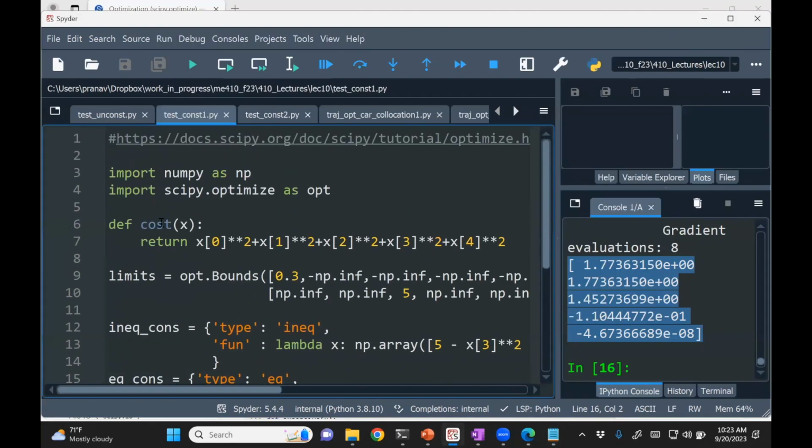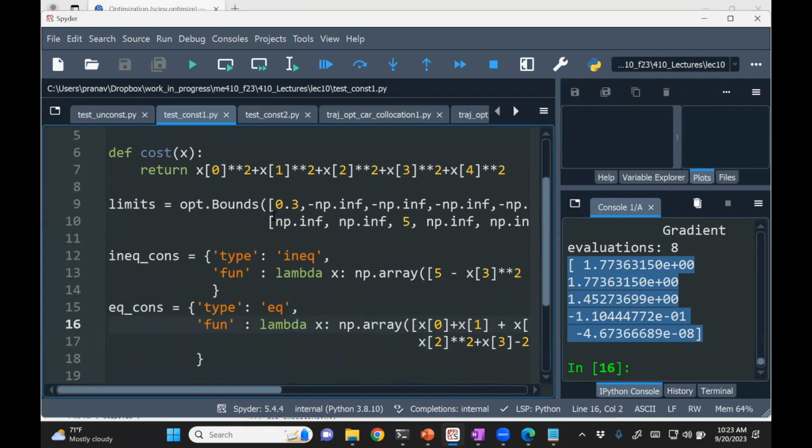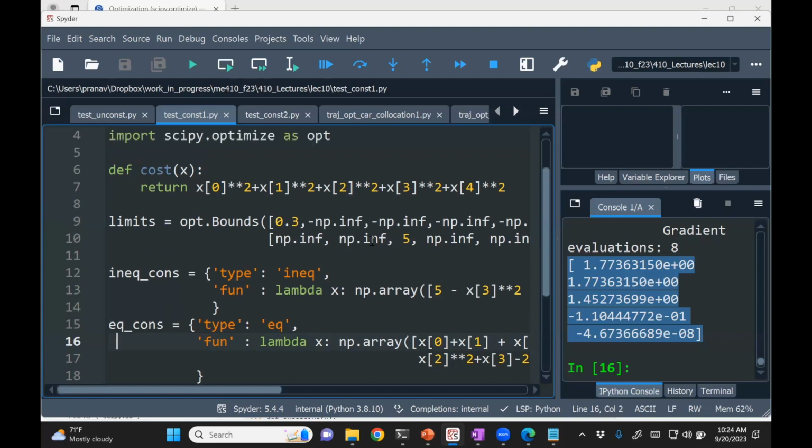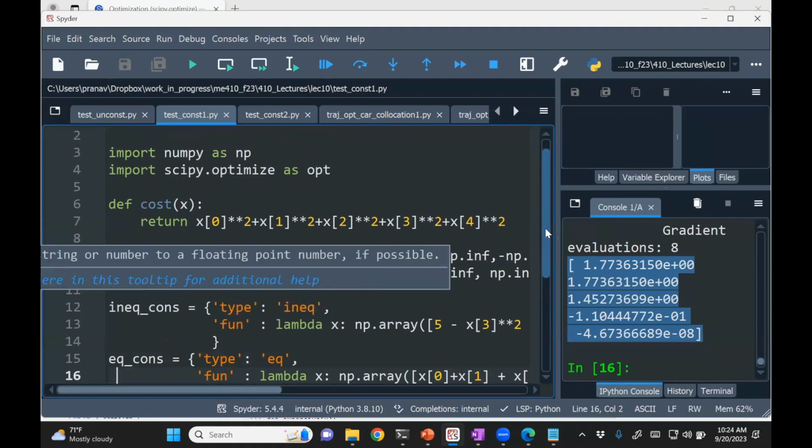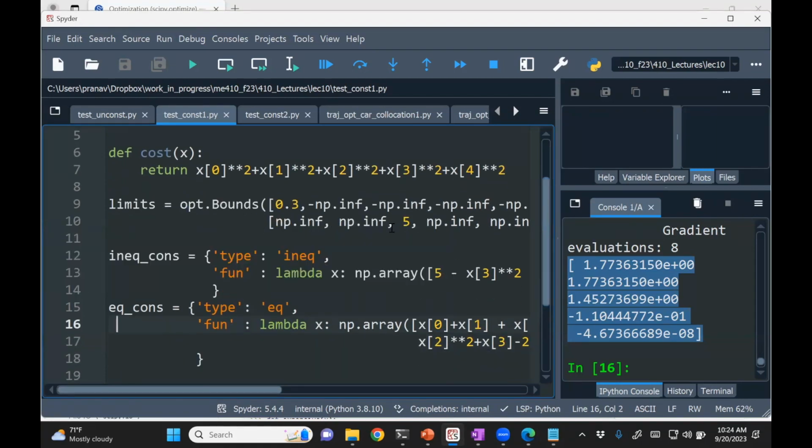So what goes on here is the cost. I need to give the bounds. Remember, I talked about the bounds. Only one of them had it's 5. I think there's an inf. This should give you the upper and lower bounds. Negative, negative, negative.